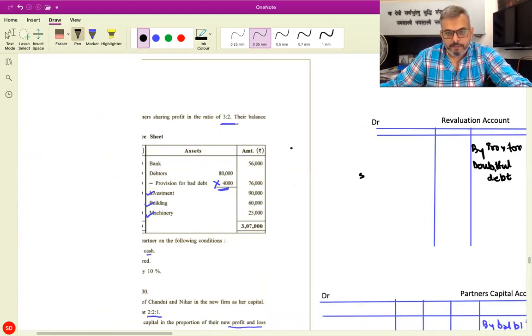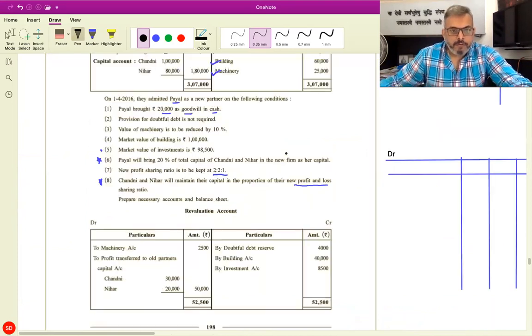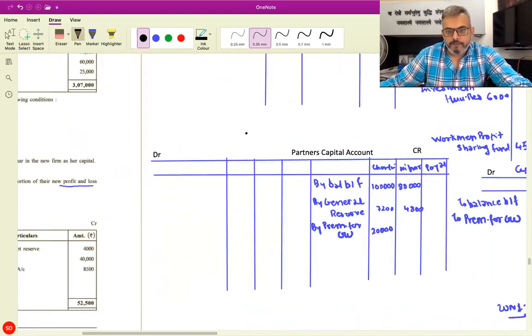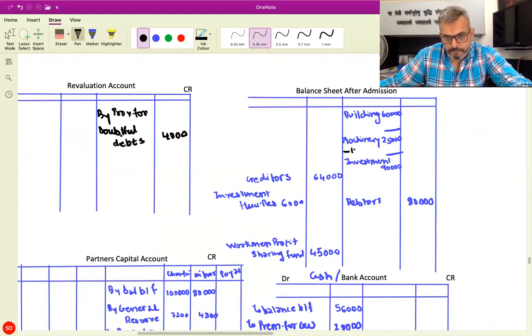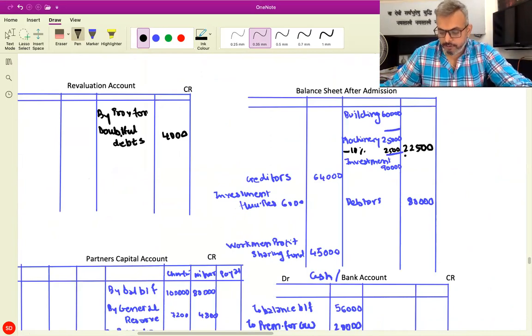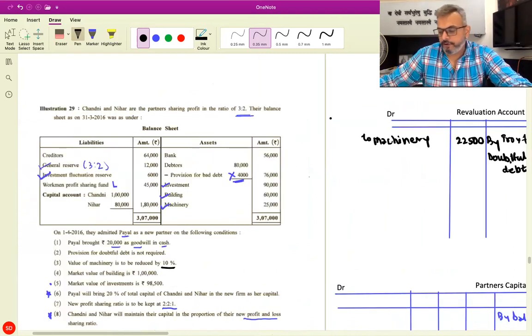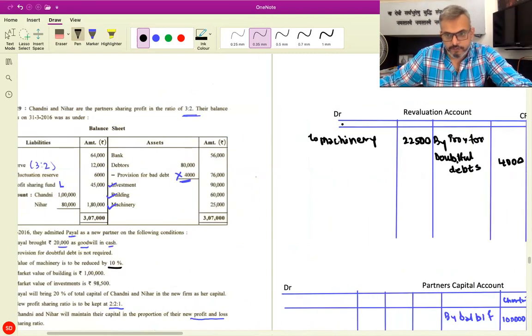Next, value of machinery is to be reduced by 10%. So go to machinery minus 10%, 2,500. Outer column 22,500. Second effect, to machinery, 22,500. Sorry, to machinery, 2,500.